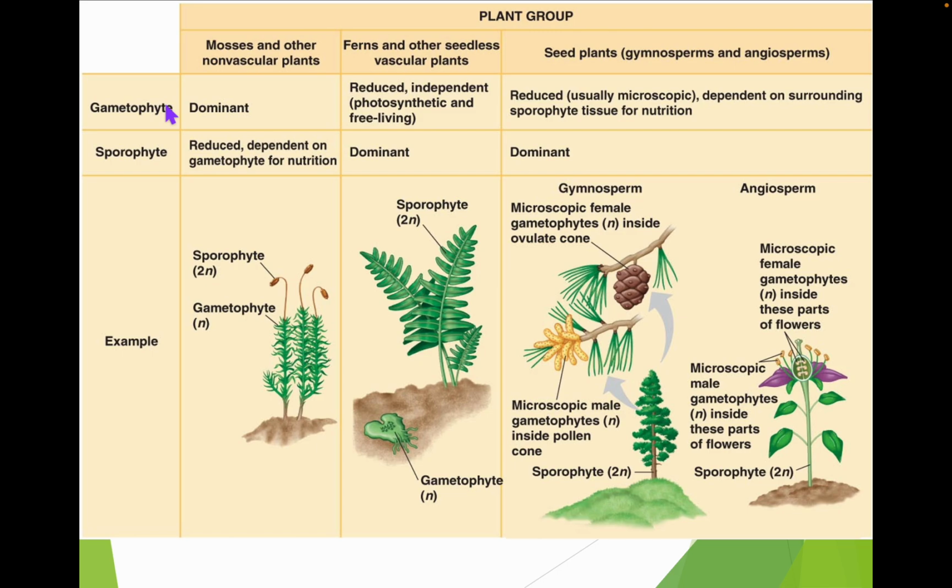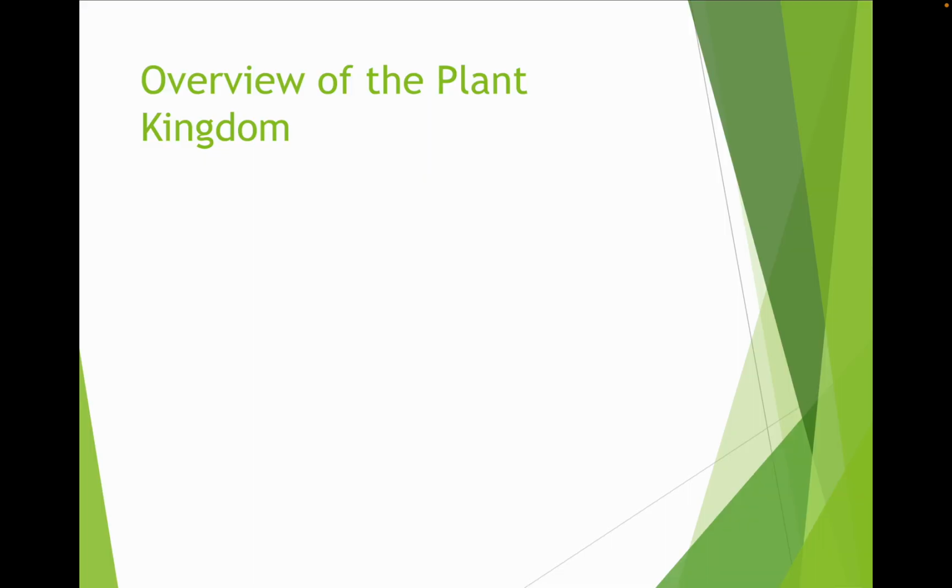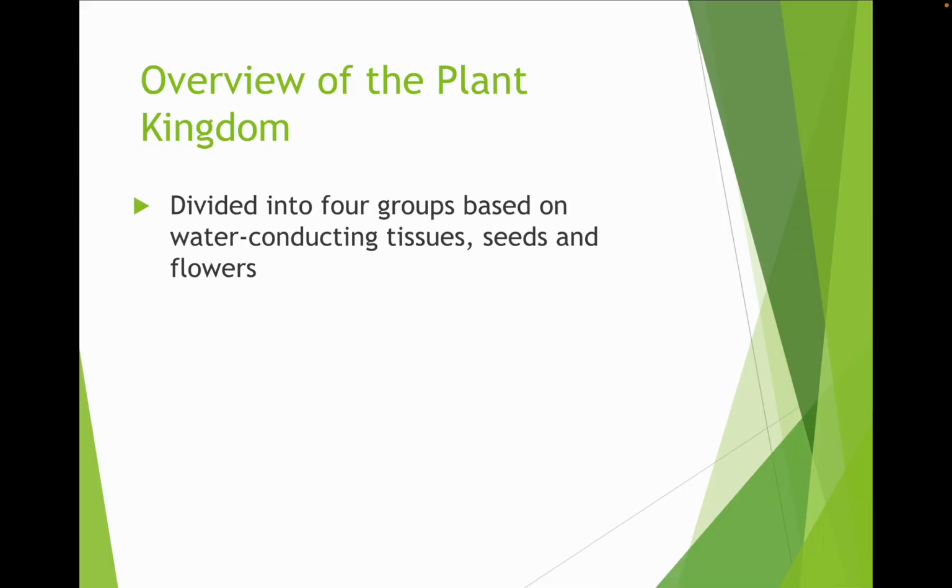So we're taking a look here at the dominant types of plant groups, okay, which we're going to get into in just a moment. So I'm going to come back to this. Okay, so let's look at the different plant groups first. We're divided into 4 groups based on water conducting tissues, seeds, and flowers.